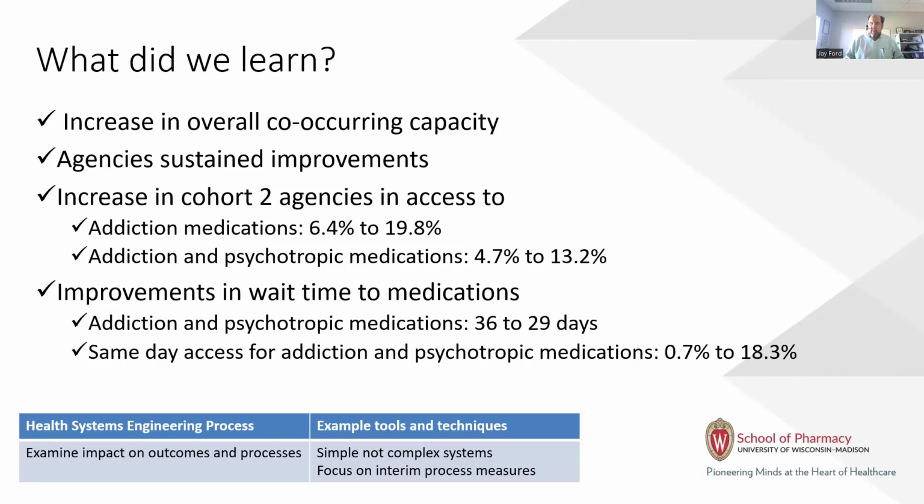What I found is that the application of these PDSA chain cycles integrated with real-time assessment of the outcomes, what we call the little aim, which is often a measure that relates to the big aim, allows for this step in the health systems engineering process to occur in near real time. And this is an essential part of any successful D&I implementation project.